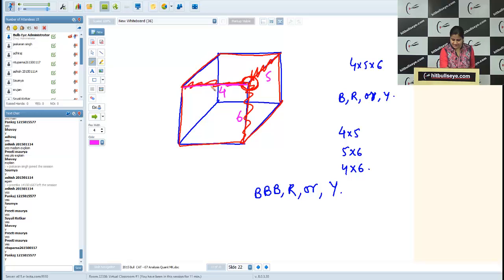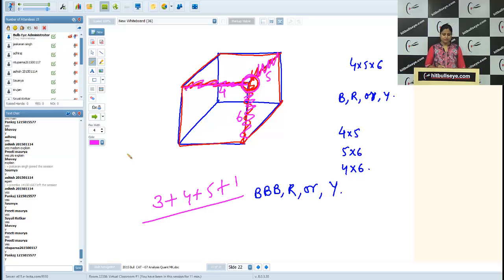First of all, from these edges, we'll get 3 plus 4 plus 5 plus this corner cube. So these many cubes are the required answer: 3 plus 4 plus 5 plus 1. This is a case of visualization only. I've tried to make a diagram. Is it okay, guys? So this will be the answer in this case, 13.